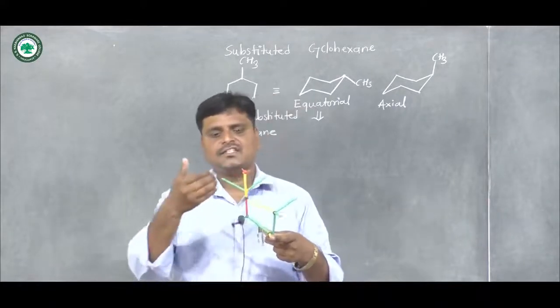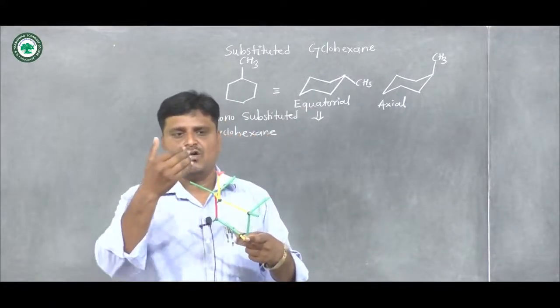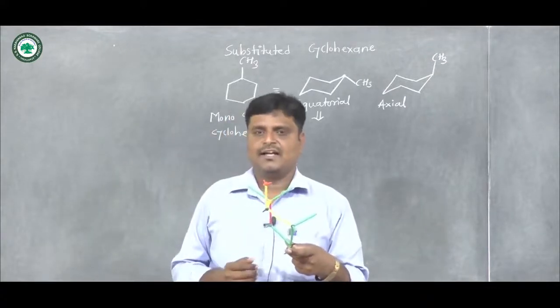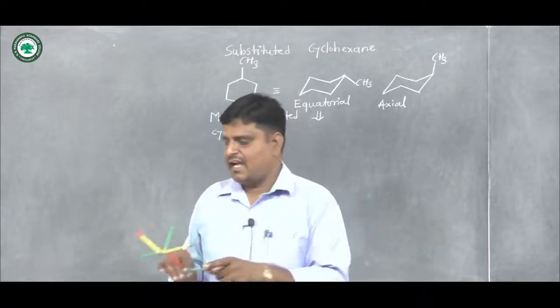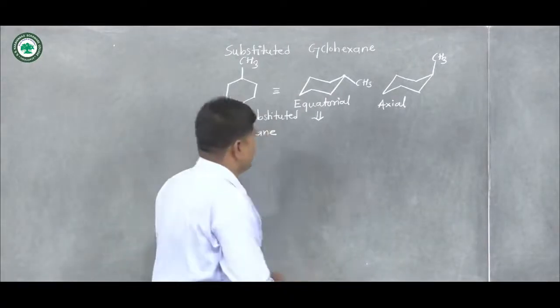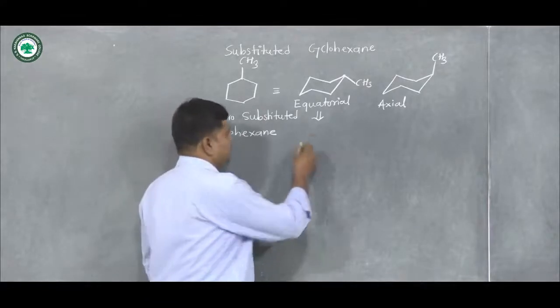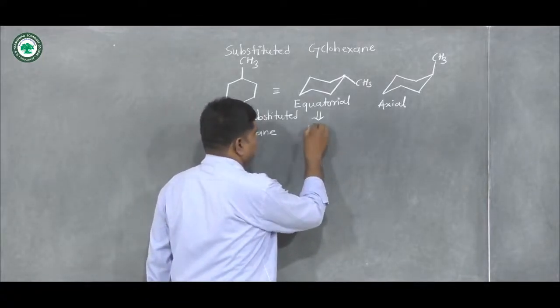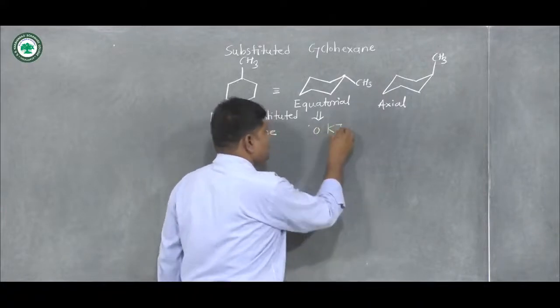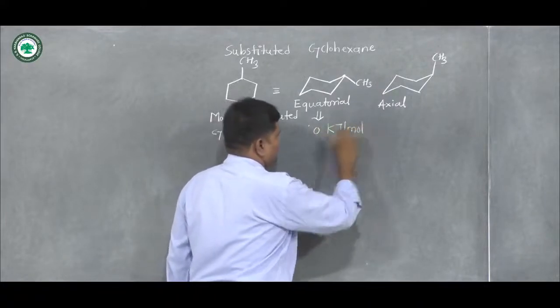Why? Because the distance between this proton and the methyl group is somewhat greater. Theoretically, when we calculate its energy, we write its energy as 0 kilocalories or kilojoule per mole.